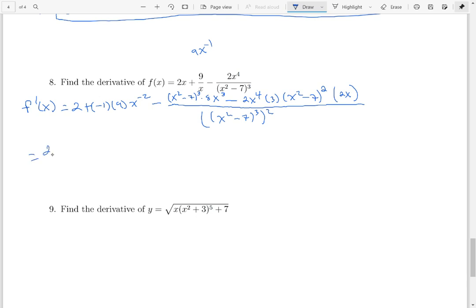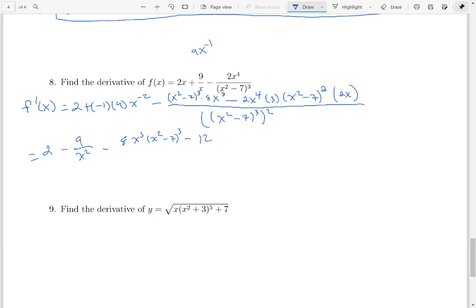That's then going to be 2 minus 9 over x squared minus 8x cubed times x squared minus 7 quantity cubed minus, I see 2 times 3 times 2, that's 12.